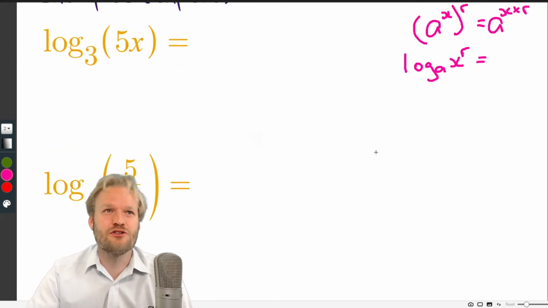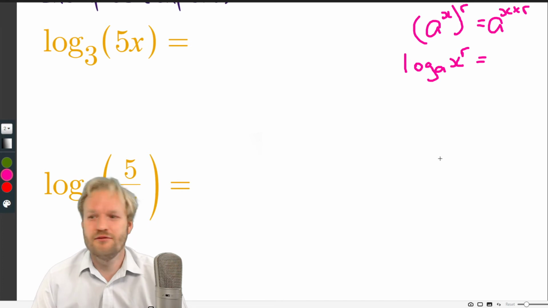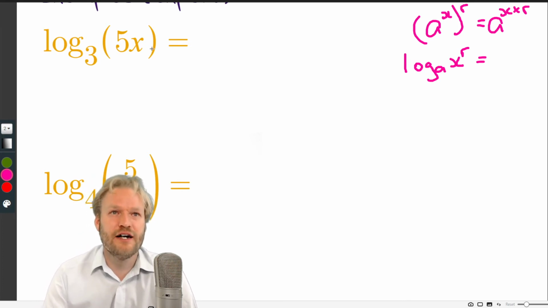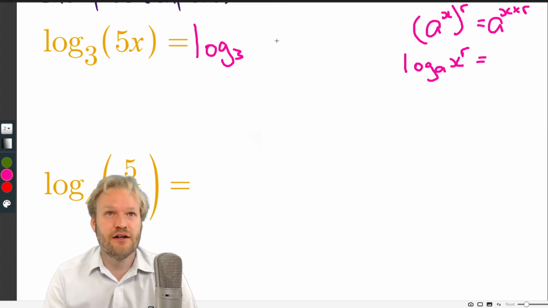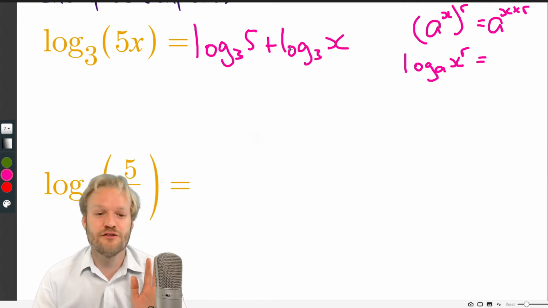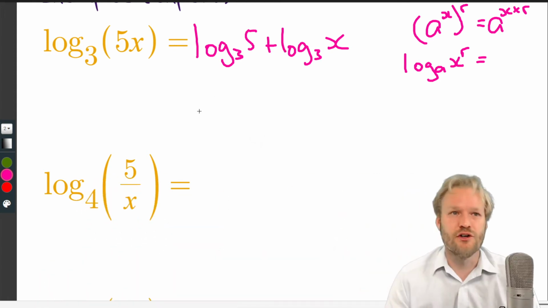So let's do this with a few examples here. Log base 3 of 5x. Okay, so the log base is going to stay the same. We're multiplying, so we're going to be adding. So log base 3 of 5 plus log base 3 of x. That's it. That's all we need to do for this one. Let's head to our second one.